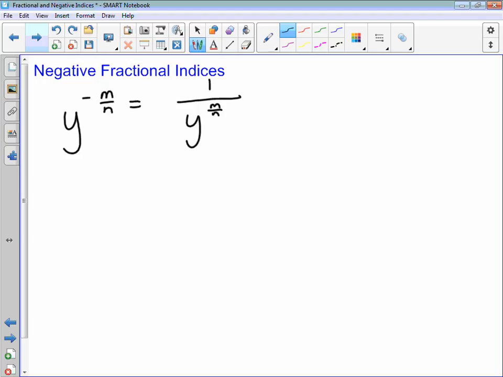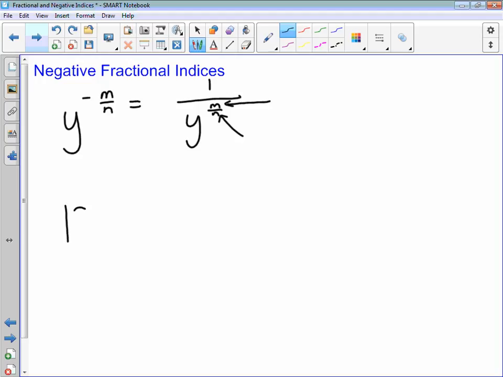From our previous podcast on fractional indices, we know that the m means we raise the number to that particular power, whether squared, cubed, to the power of 4 or 5, and the n tells us that we find that root of the number.